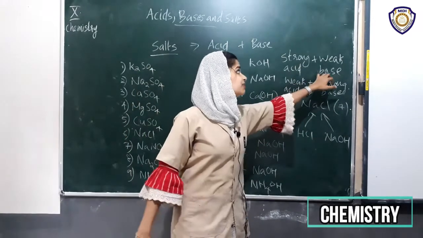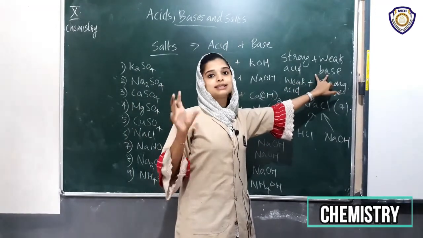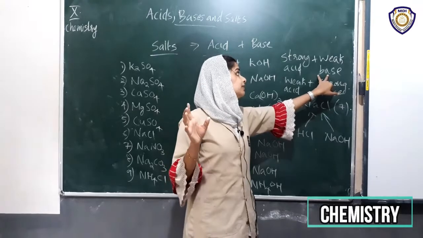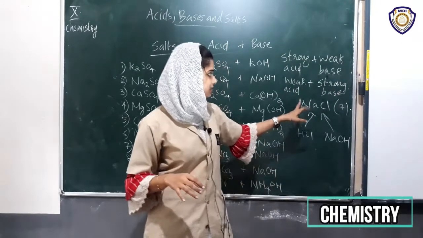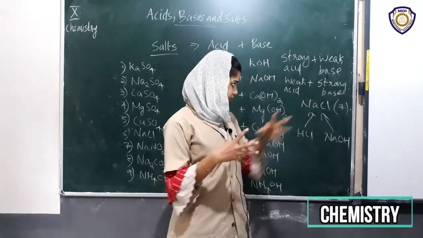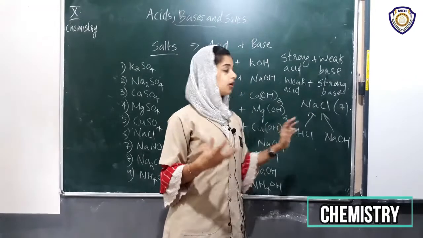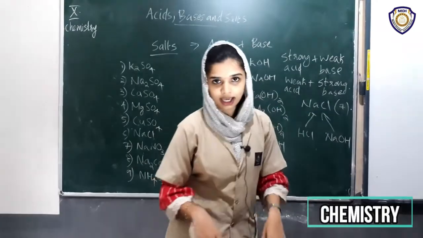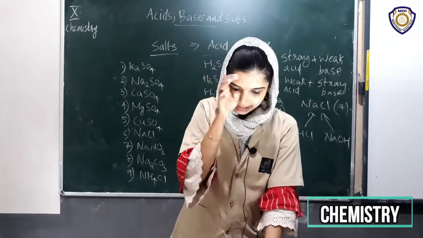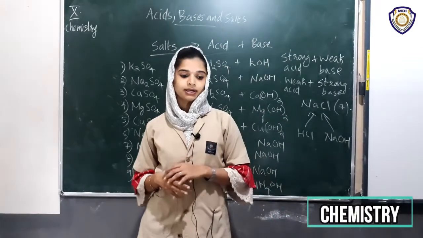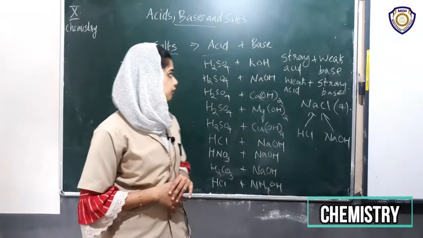When a strong acid and weak base are joined together, the salt formed will have a pH value less than 7. When a strong acid and strong base join together, the pH value of the salt will be 7. Did you understand? This is all about the pH of salts.